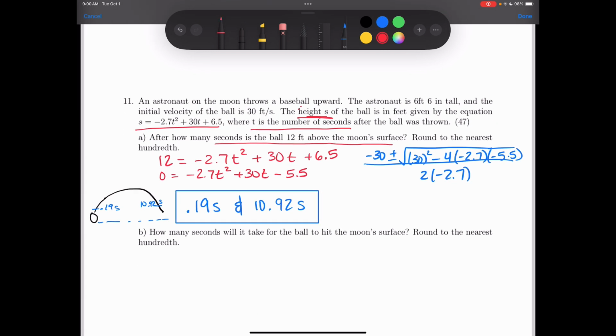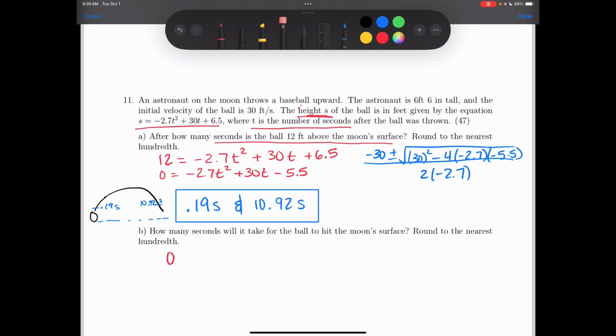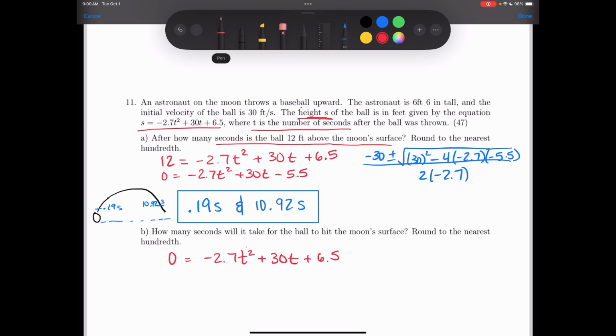So 0 equals negative 2.7t squared plus 30t plus 6.5. This is the original equation, and here s is equal to 0. So then I just set up the quadratic formula again.